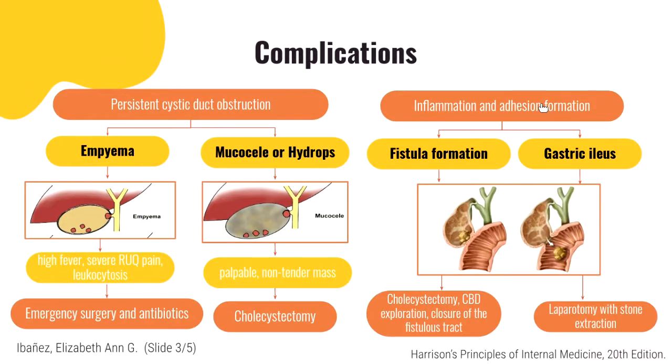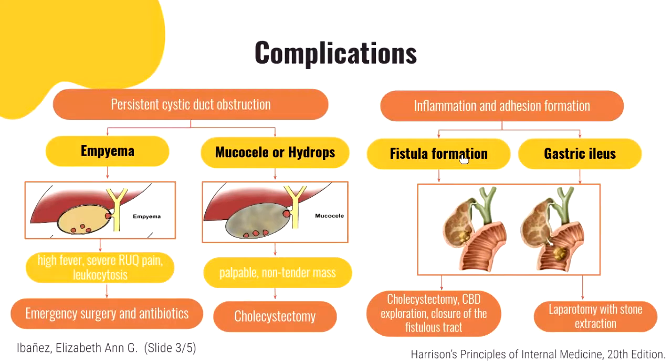Next is the inflammation and adhesion formation in the adjacent sides of the gallbladder. This would lead to the formation of fistula, most common in the duodenum, and large stones of more than 2.5 centimeters will predispose to fistula formation. These fistulas, specifically cholecystoenteric fistulas, may serve as a passageway for the gallstones to lodge into the ileocecal valve, since it is the narrowest portion of the GI tract.